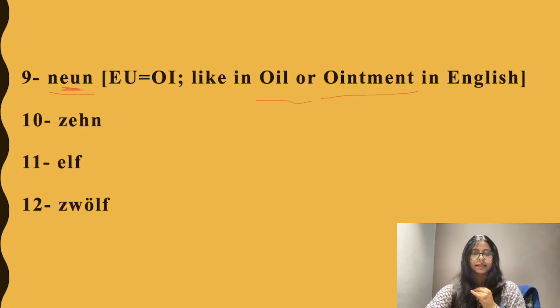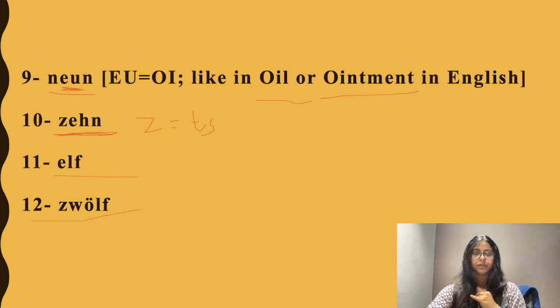10 is zehn. Like I have discussed in the previous slide, Z takes the pronunciation of TS, like in mats or bats. So that's the word that you hear, that is the pronunciation. 11 is elf and 12 is zwölf.